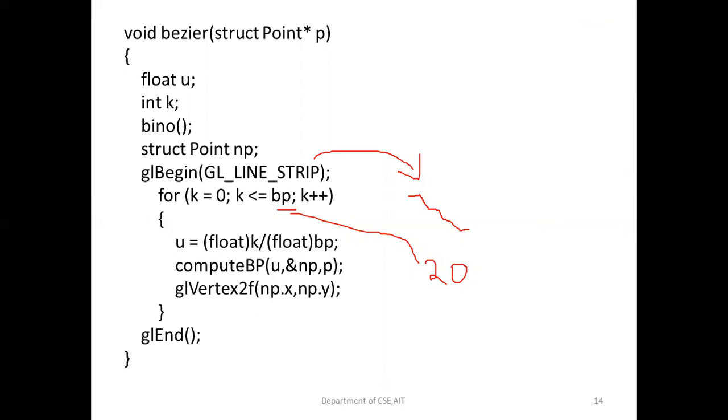So before going to compute BP, we are making use of the u value, which is computed by using the k value, k by BP. Then we are going for computing the value for BP. And every time we are using the GL vertex 2F, there will be a marking on the screen. That means actual drawing will happen only when we go for the GL vertex 2F.